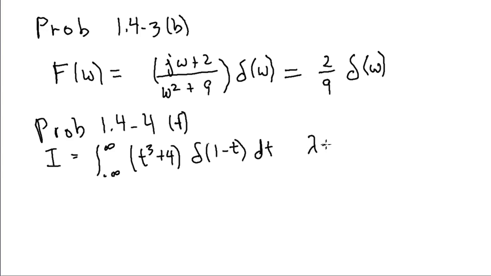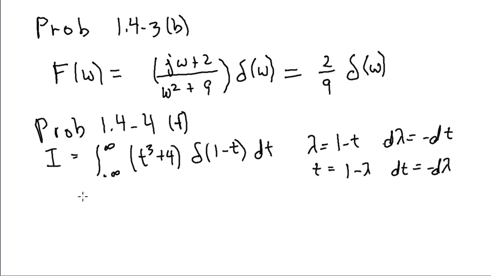So I'm going to let lambda equal 1 minus t. Then d lambda would be equal to minus dt. And solving for t, t is then 1 minus lambda, and so dt is minus d lambda.